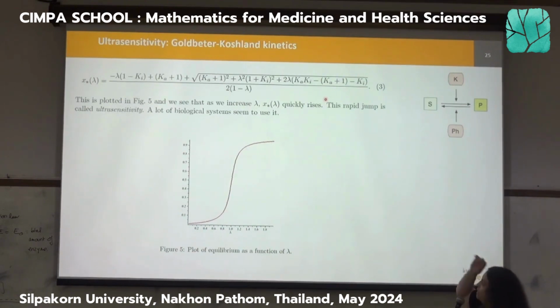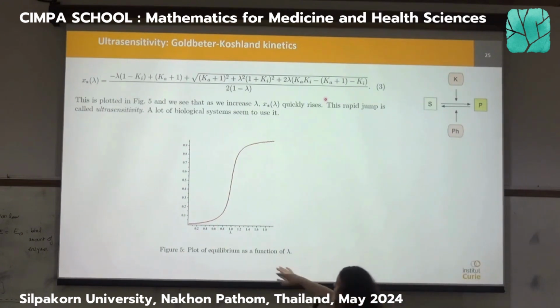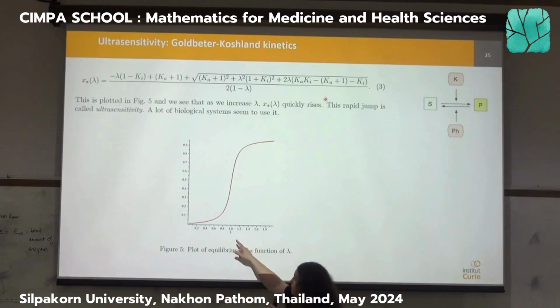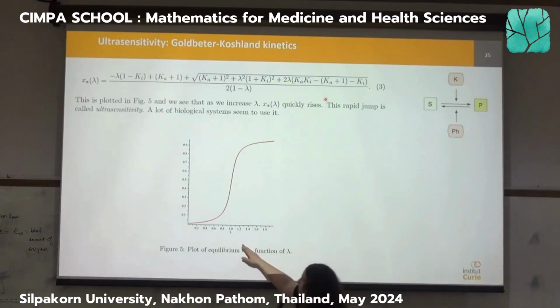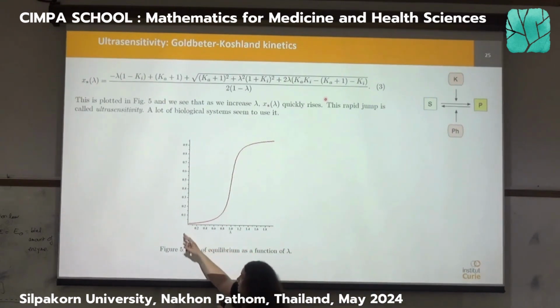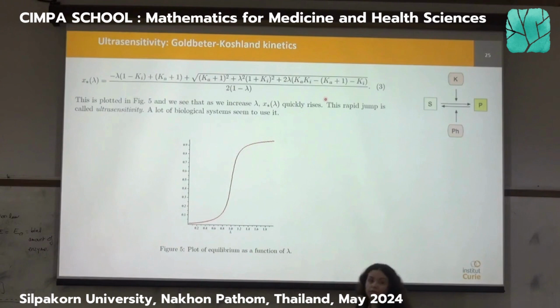So you can look at the formula above, and when you plot it in terms of lambda, so this is X star in terms of lambda, you can see this type of behavior. Depending on the parameter lambda, the value of X star can be very different.